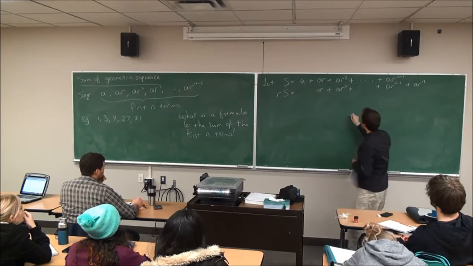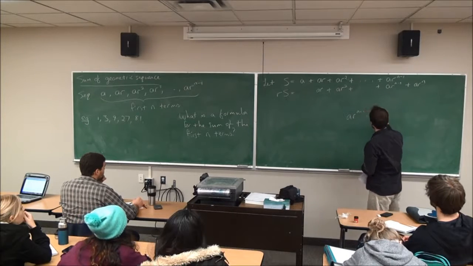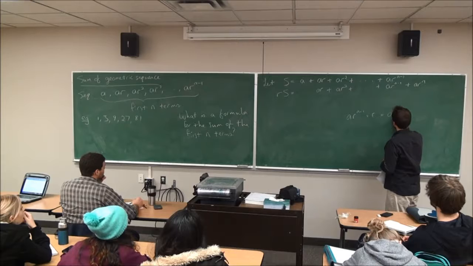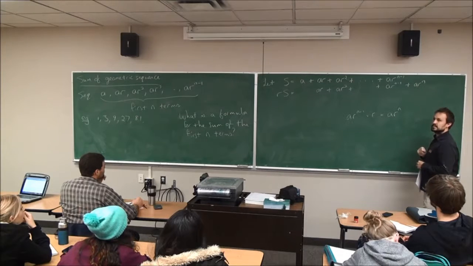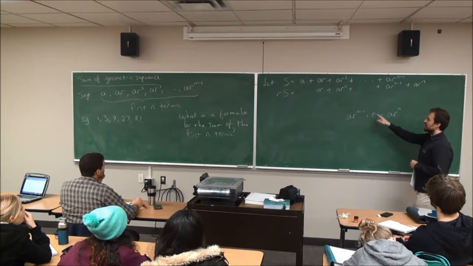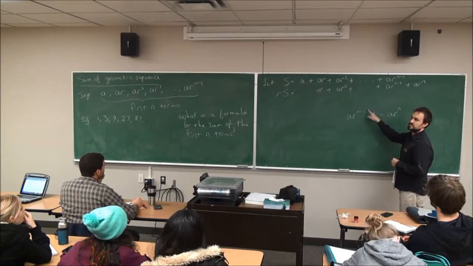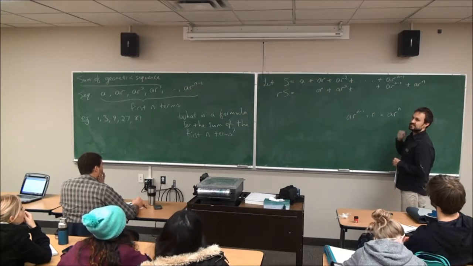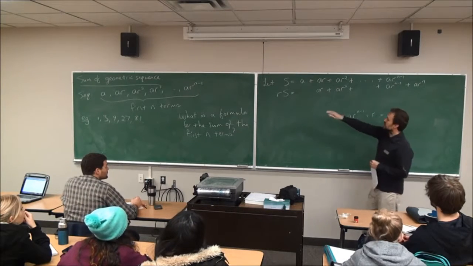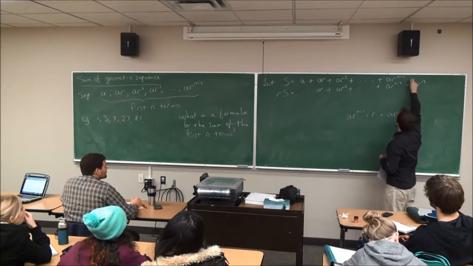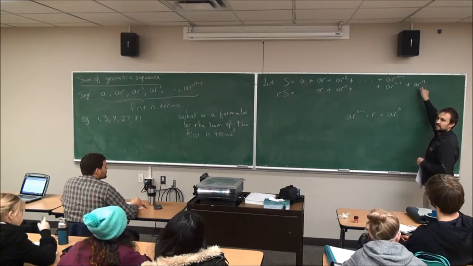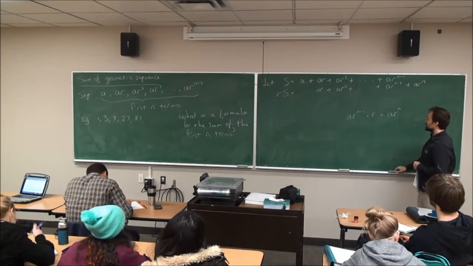If I multiply that by another r, I get a times r to the n. I've added the exponents. So you just multiplied r to both sides of the equation? I just multiplied r to everything at the top here, and this is what I get. Okay? This is my method.